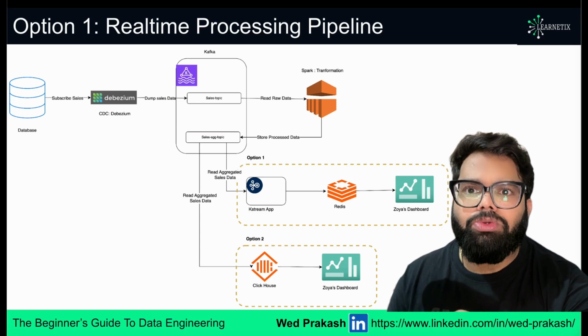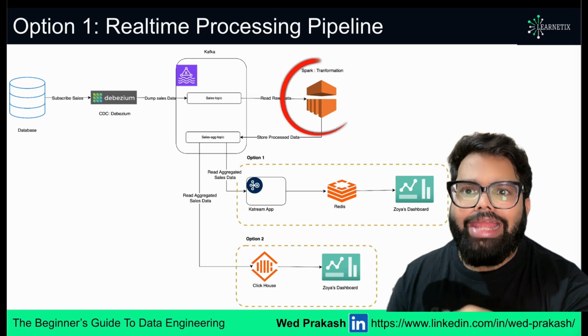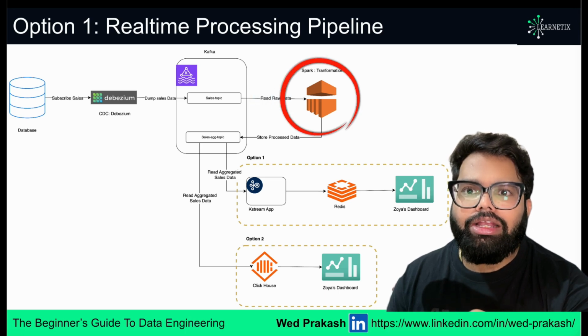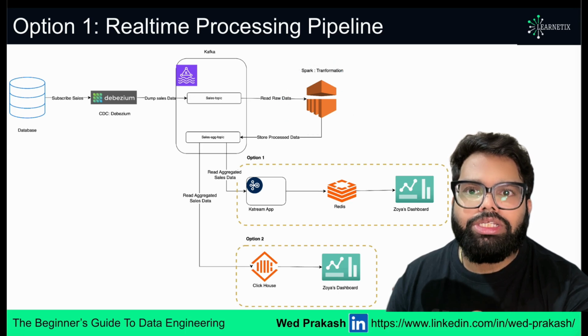We will use a stream processing tool like Kafka Streams, Flink, or Spark Structured Streaming to read the order events from Kafka, and apply lightweight transformations like converting timestamps, filtering nulls, mapping status to human-readable terms, and maintaining a running count of daily transactions by status: success, failed, or in progress. This processed data is then published to a new Kafka topic. Think of it as your real-time transformed stream.